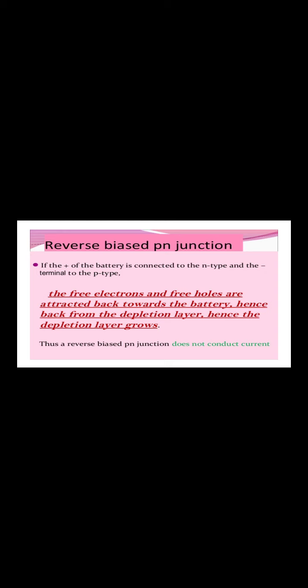These are properties of the semiconductor material. Thus the reverse biased PN junction does not conduct current. Because the width of the depletion layer is more, current cannot flow, and it acts as an open switch.